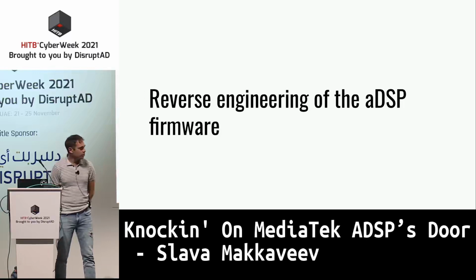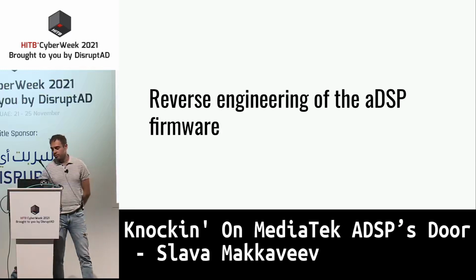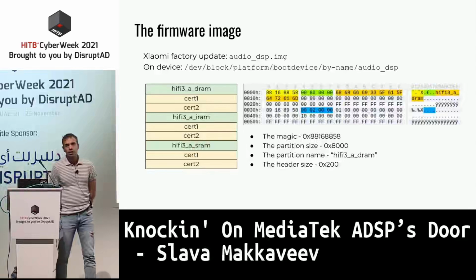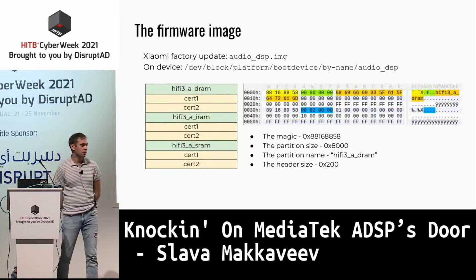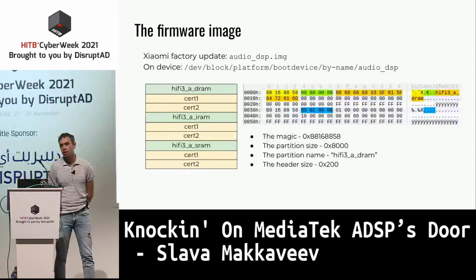The next step of the research is to find out what a task scene and EP message handlers actually are in the audio DSP firmware. The audio DSP is presented in the Xiaomi factory update by a separate audio DSP image file. Another way to get this image is to dump the audio DSP partition from a rooted device.